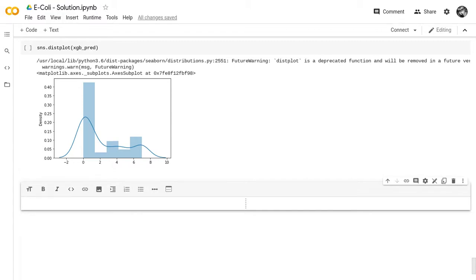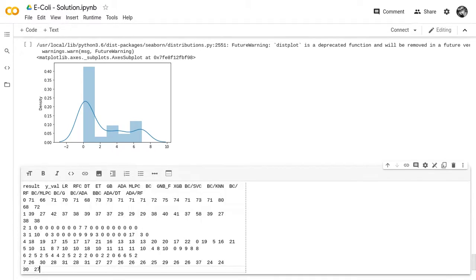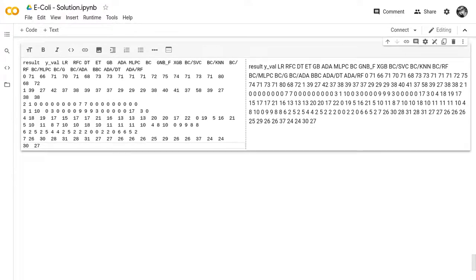And this isn't including SMOTE and the class imbalance and things like that.